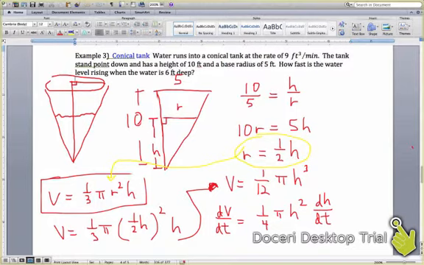Now plug in what you know. You know dV/dt. That's the rate at which the volume is changing with respect to time. So that value is 9. You know h. It tells you we want to know when the water is 6 feet deep. And then we solve for dh/dt.